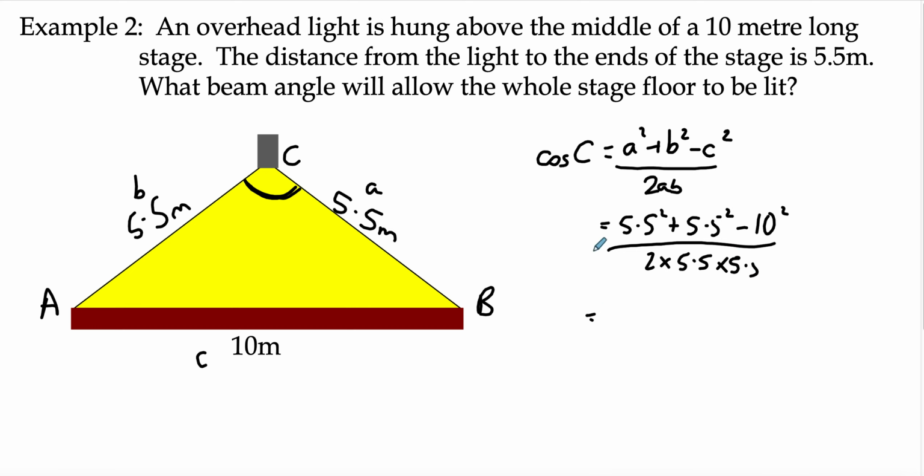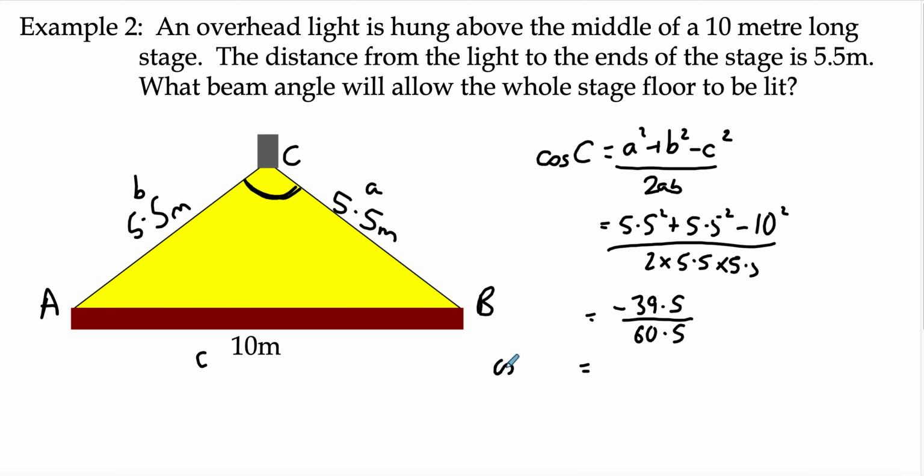Now, interesting, this is like I was talking about earlier. When we do this calculation, 5.5 squared plus 5.5 squared minus 10 squared, which is 100, we're going to get a negative number, negative 39.5. That's fine. And then we've got 2 times 5.5 times 5.5 on the bottom, and we get 60.5.